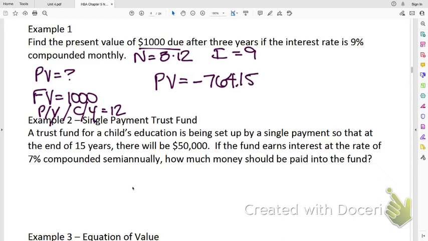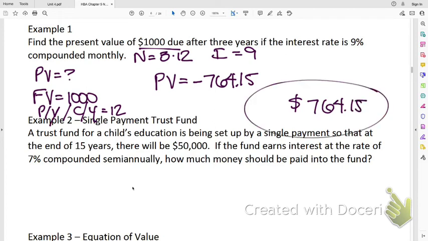But I'm going to write down the positive number as my answer, because that is what I'm investing at the beginning. Does it make sense that that would be smaller than the future value? Yes, because you're investing 764 and getting 1,000 at the end.